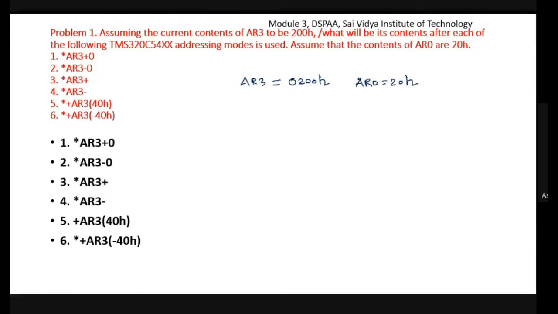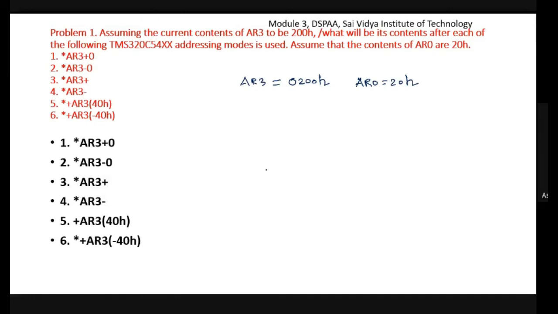As we all know, there is a plus 0 here after the star AR3. We want to know the value of AR3 after execution of this particular instruction.